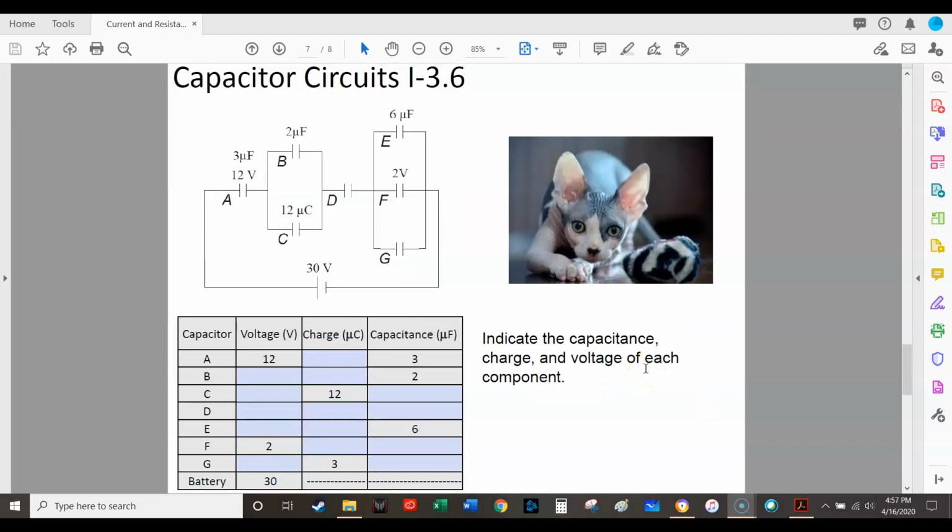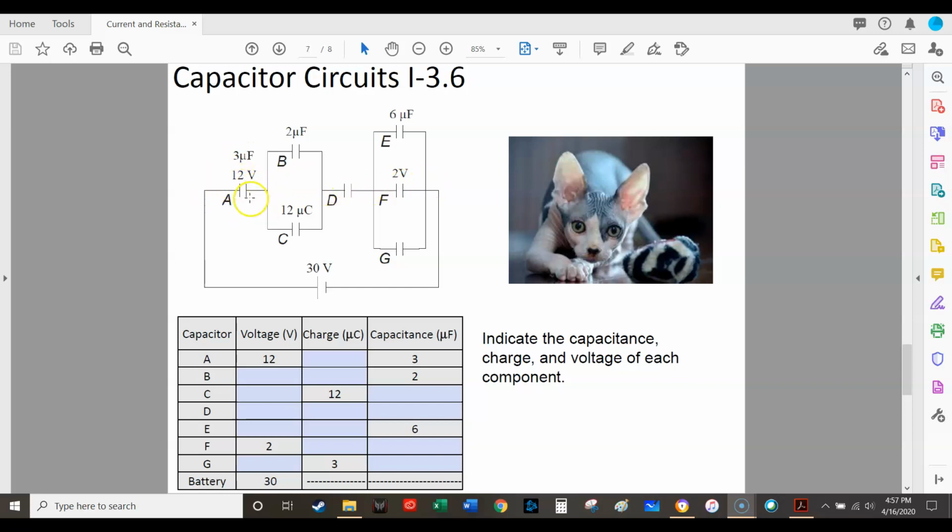So here we are on the next problem, Capacitor Circuits 1, 3.6. I want you to go ahead and take a shot at this now that you've done another problem with me. You have a battery that is in parallel with this entire branch right here.